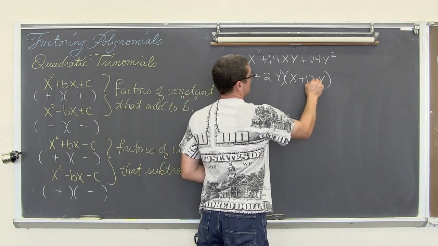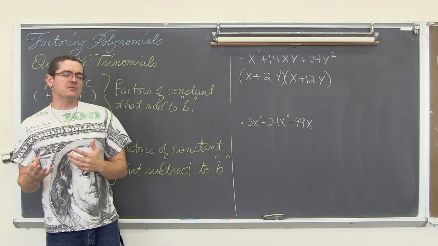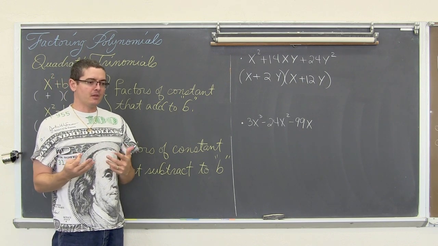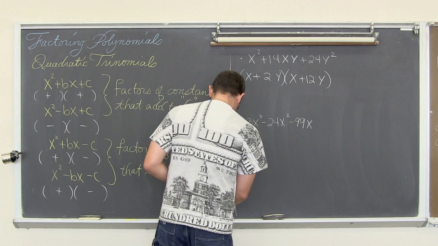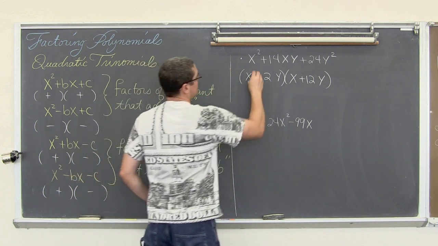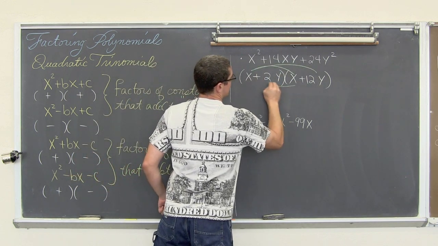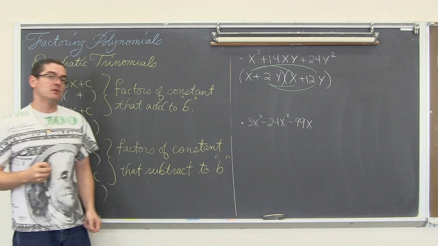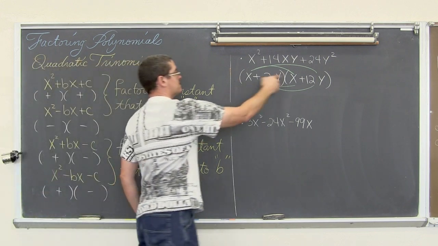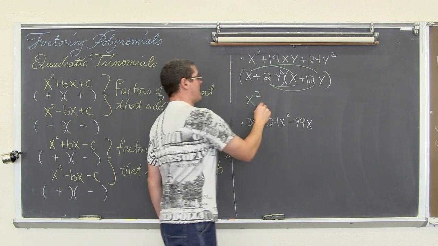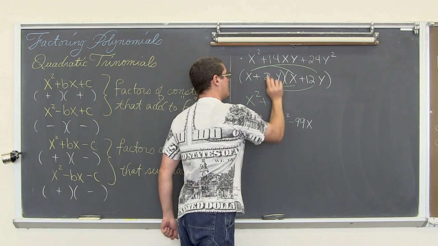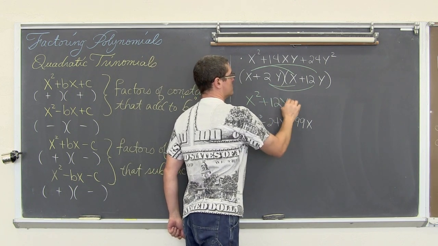2 and 12. And then if it bothers you that that last term has a y in it, and you're not really sure if this is right, of course, again, we can distribute this back together and make sure that we actually get that middle term that we were looking for. X times x is x squared. X times 12y is positive 12xy.